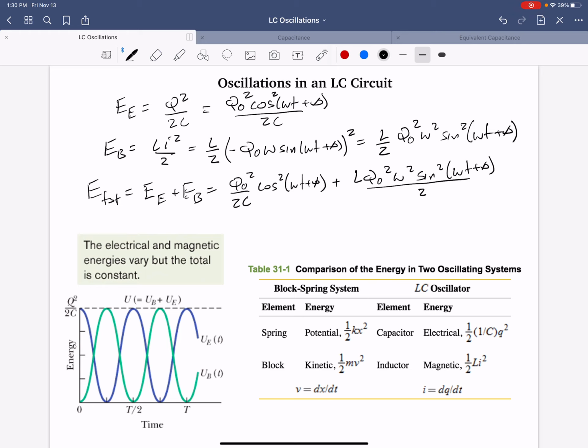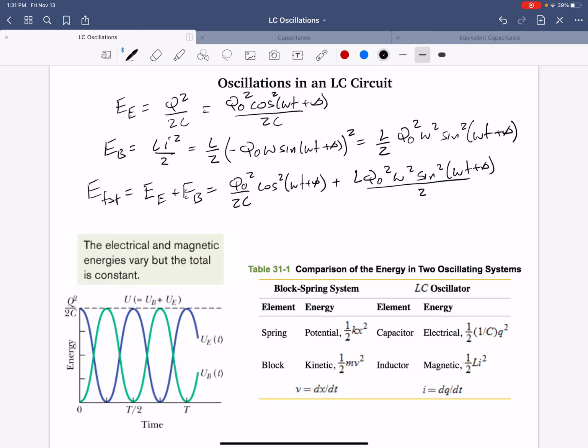And cosine squared plus sine squared is just 1, if the coefficient on both of them is the same. That's how they cancel out.